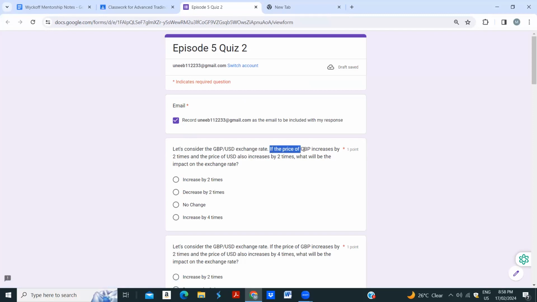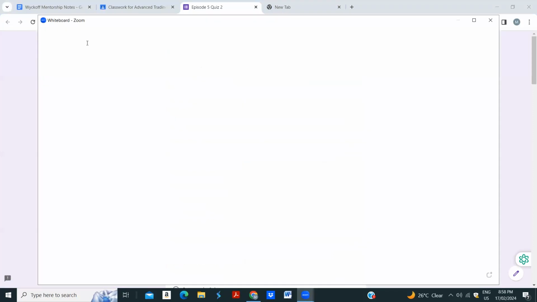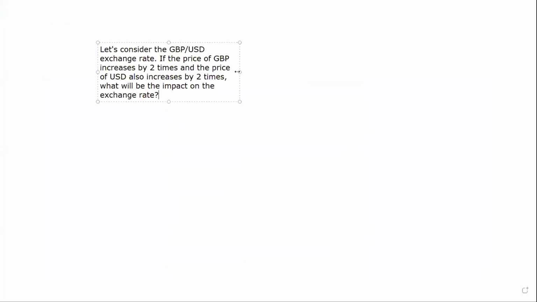If the price of GBP increases by 2 times and the price of USD also increases by 2 times, then what will be the impact on exchange rate? Let me copy this and solve it on a whiteboard. So this is a question.